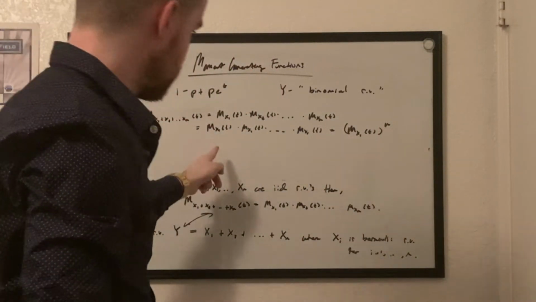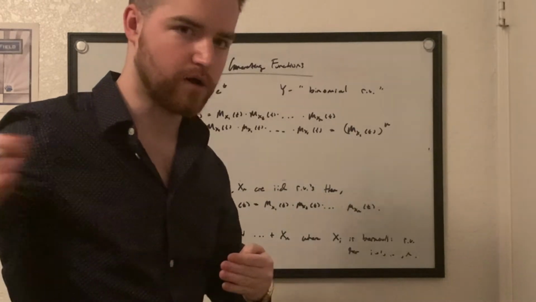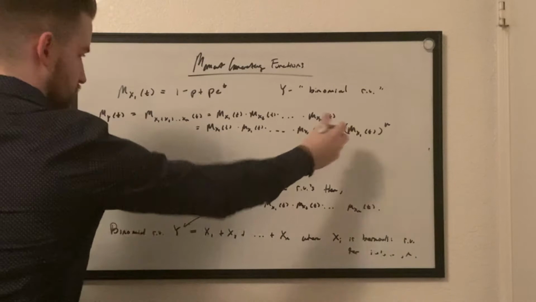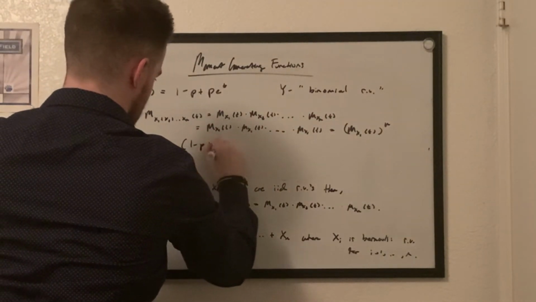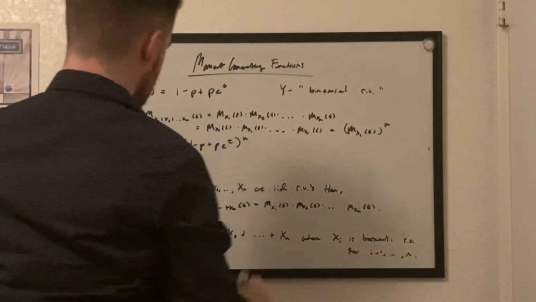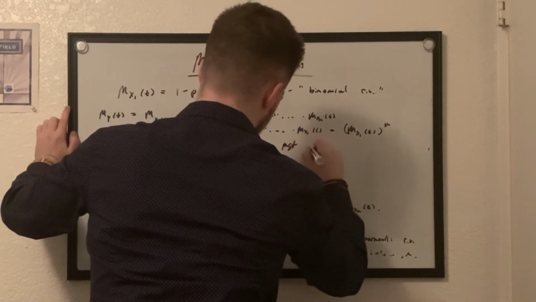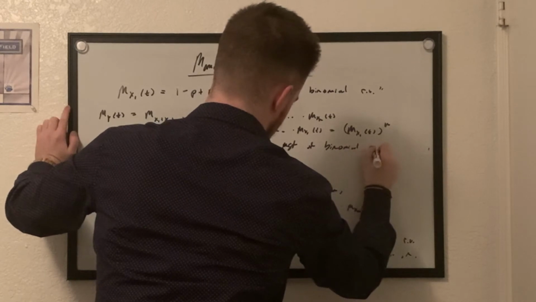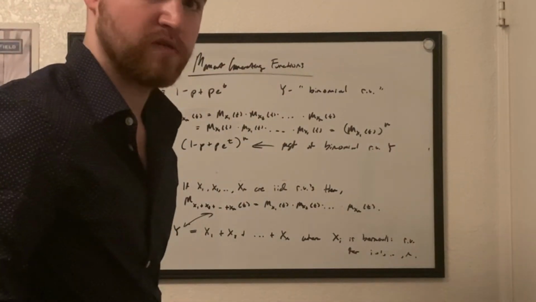Thus, that is the same thing as 1 minus p plus p e to the t, to the n. That is the MGF of binomial random variable Y. Let's take the first derivative of it.